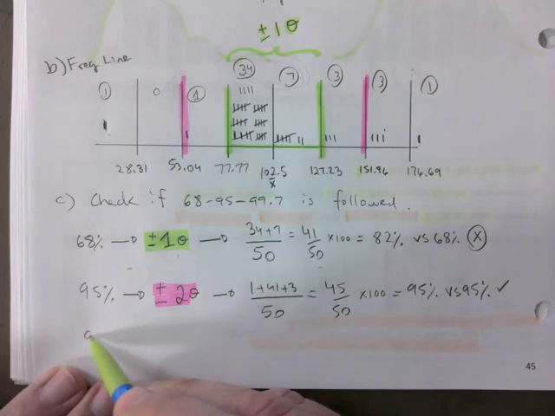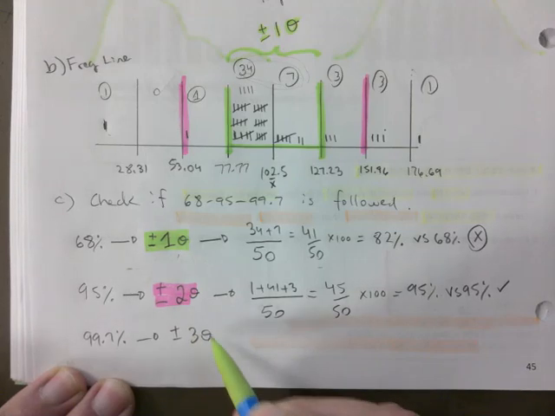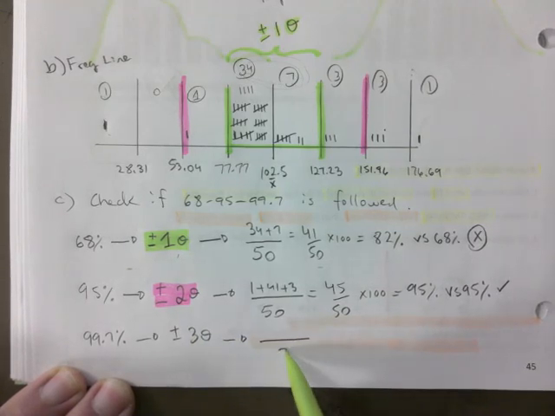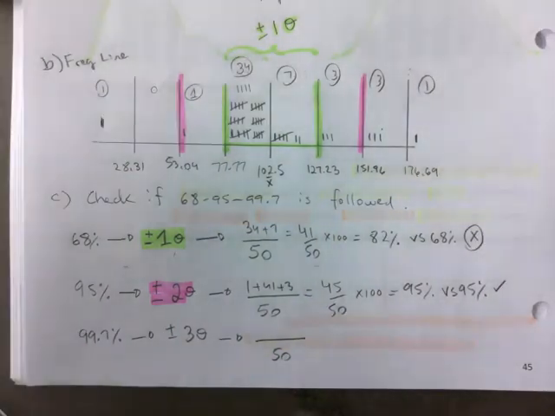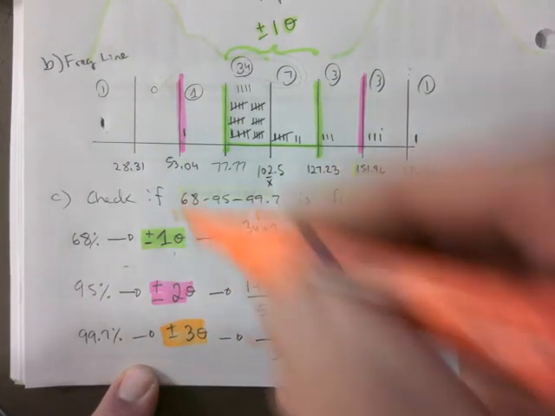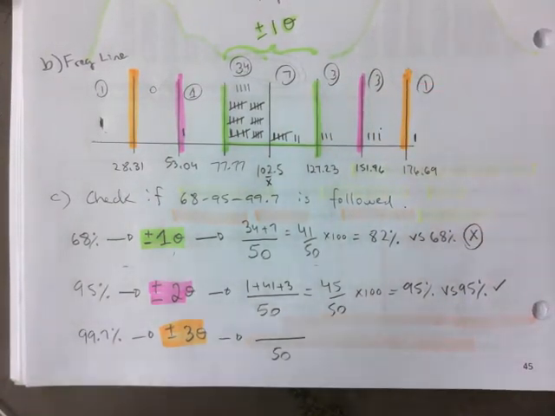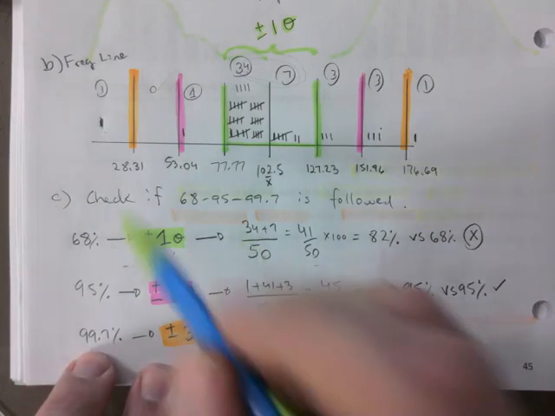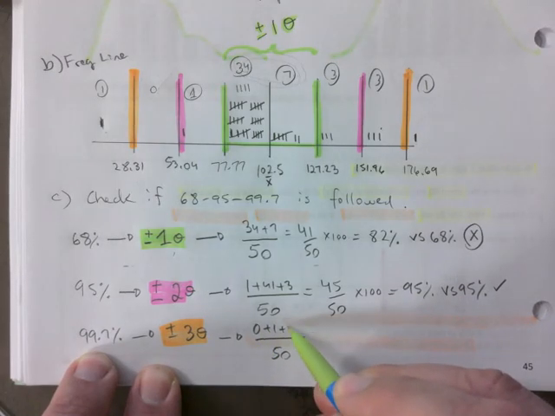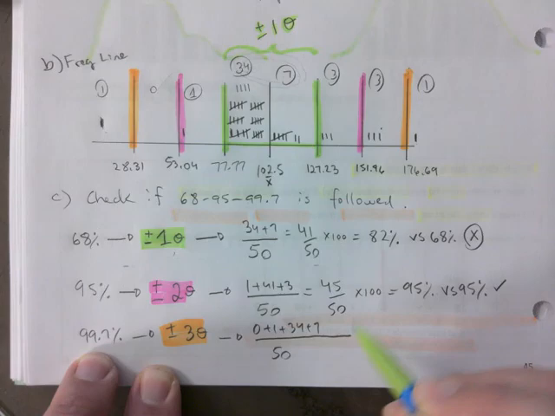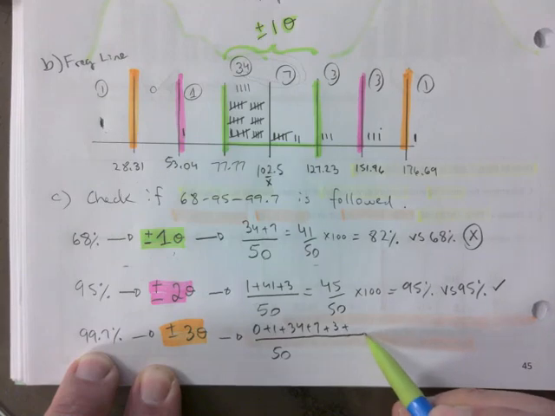Okay. So 99.7, that's plus or minus 3 standard deviations. We're still checking 50 every time in this case. I'm going to use orange for this one. Go back 3, go forward 3. And you're just going to add all of these values. So 0, 1, 34, 7, 0, 1, 34, 7, 3, and 3.